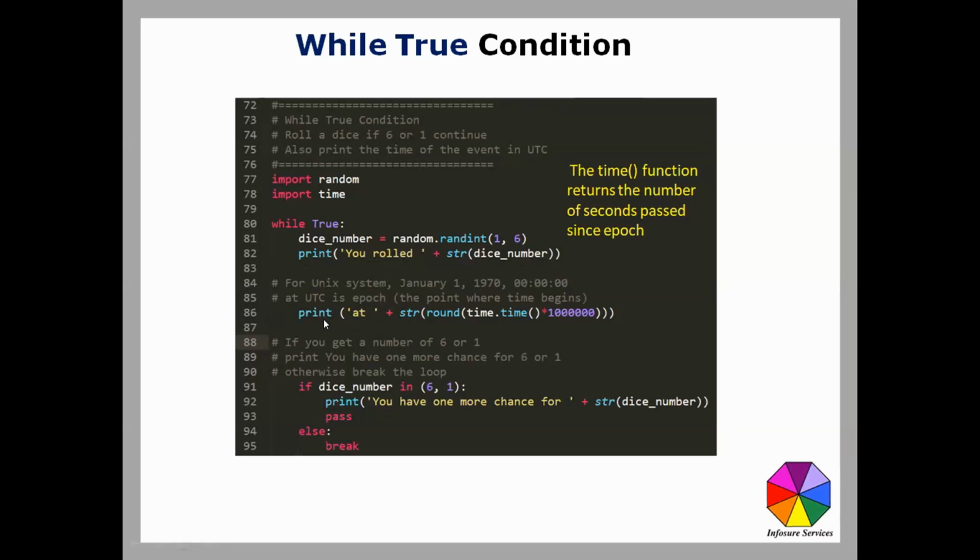Now I've talked about checking what time the program did run. So I'm just printing time.time. So time.time is a timer. Time.sleep was a timer function to delay the program, whereas time.time is another function which gives me the number of seconds from the computer's start time, or what is called epoch.